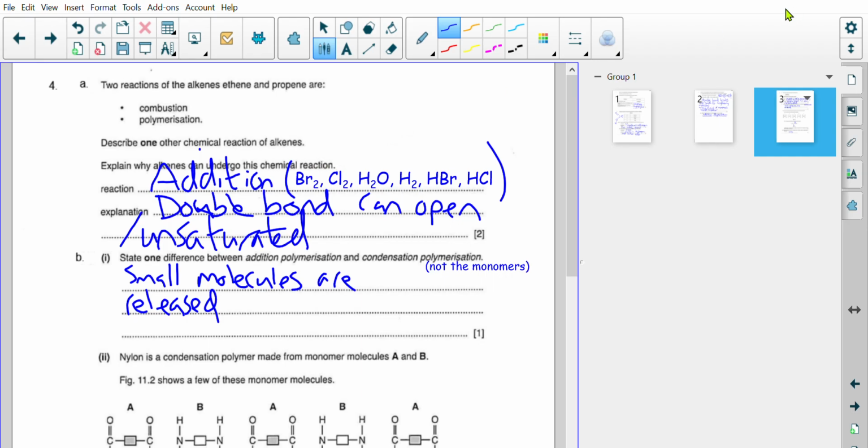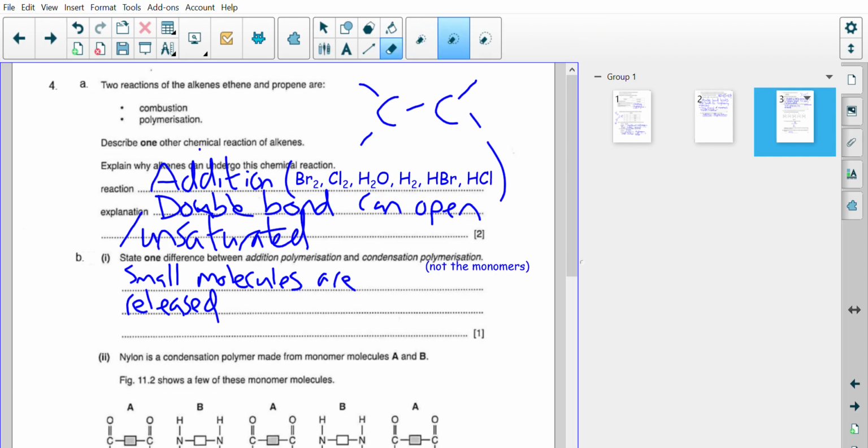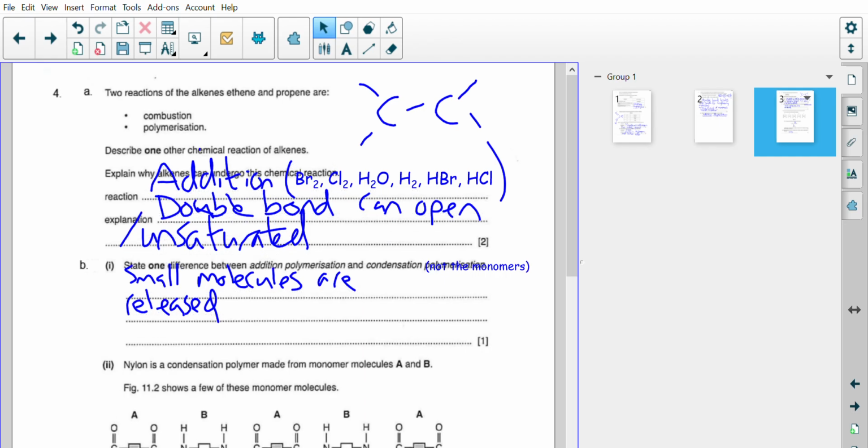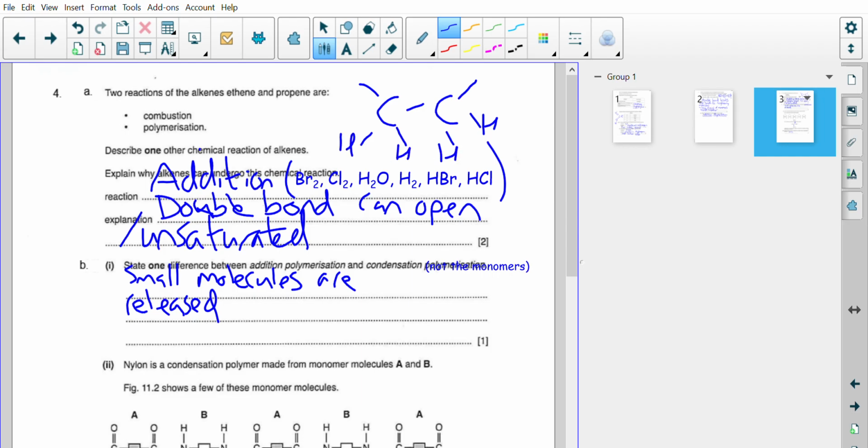If you think about it, we've got a double bond like this with our four things around it. If we decide to open up that double bond and put some extra bonds on there, then now I've got two spaces, so I can put what I like on there.